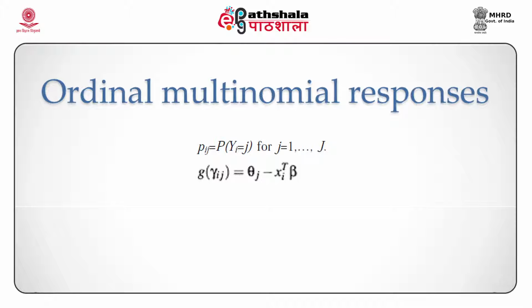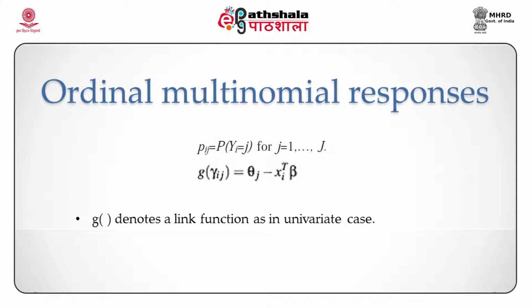So because the categories can be ordered, it is possible to define cumulative probabilities gamma ij, which in this case denotes the probability of yi less than or equal to j, and rather than model the Pij's, we shall choose to model the gamma ij's. So g of gamma ij is equal to theta j minus xi prime beta.